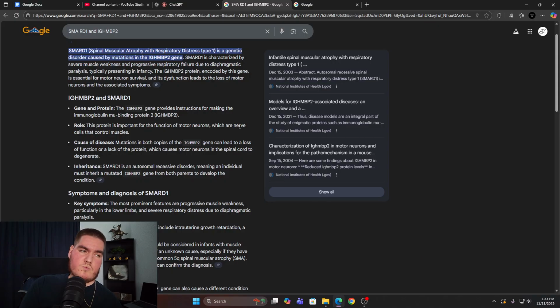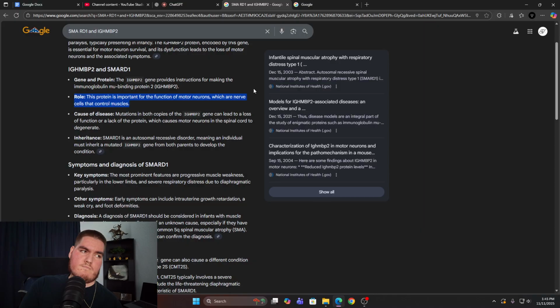So ChatGPT, what do these last remaining three things mean, beginning from role, cause of disease, and inheritance? Absolutely. So starting with the role, it basically means that this protein is crucial for motor neurons, which are the cells that send signals to our muscles and help us move.